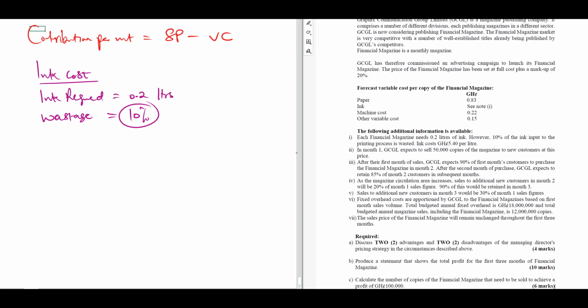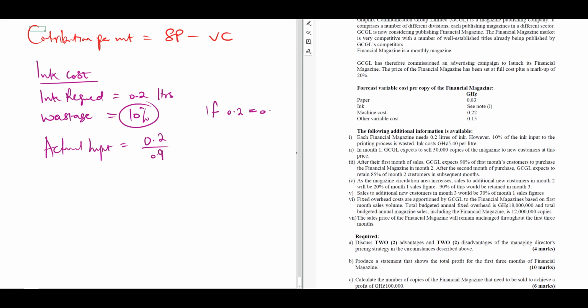No. He's not concerned about the waste, right? So how much is the actual input that we put in before the wastage? It will become the 0.2 liters over 0.9, sorry.